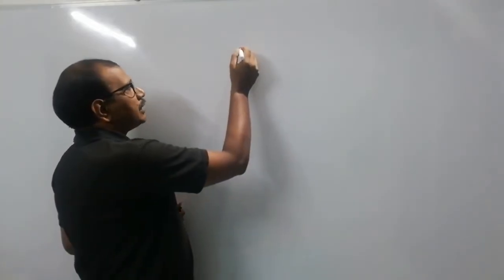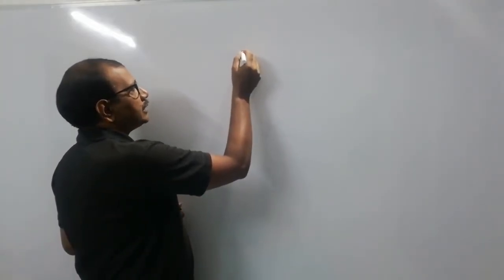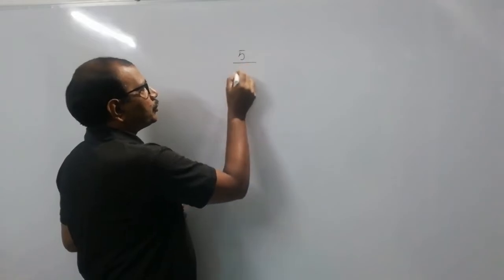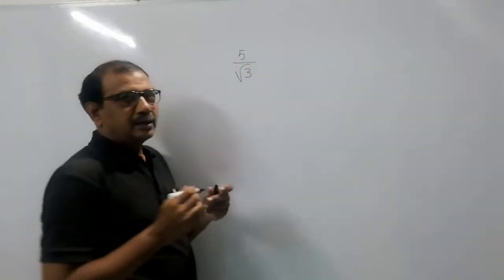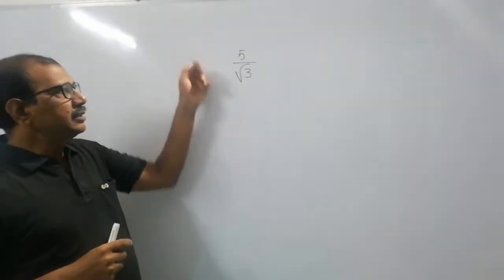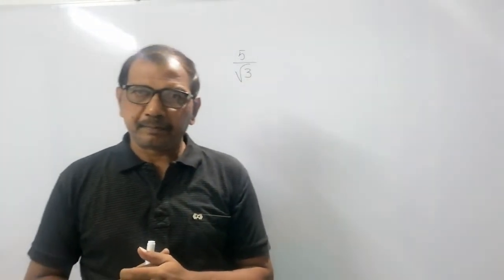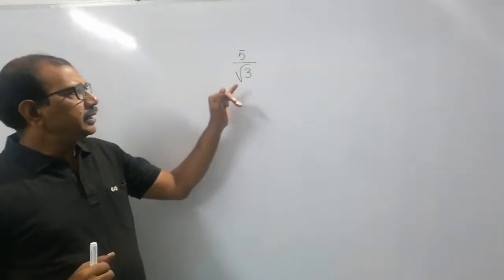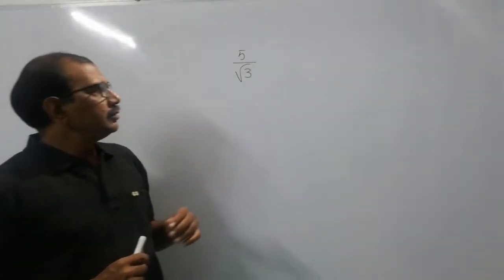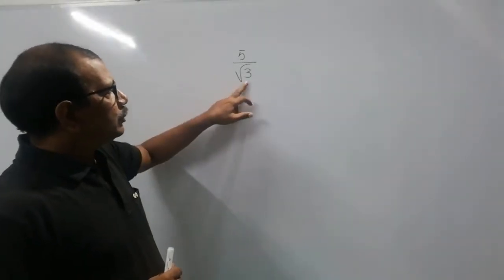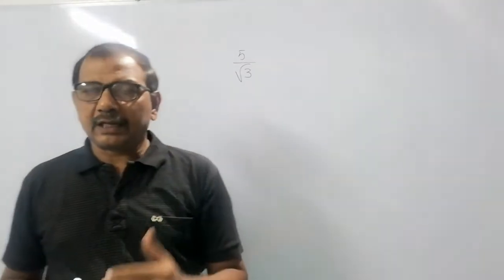Say for example, I have a quantity 5 upon root 3. Now here 5 is rational, but the denominator root 3 is an irrational number. You have to find a number such that if I multiply it with the denominator, it is rationalized.